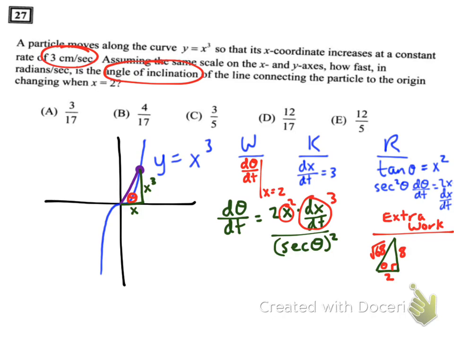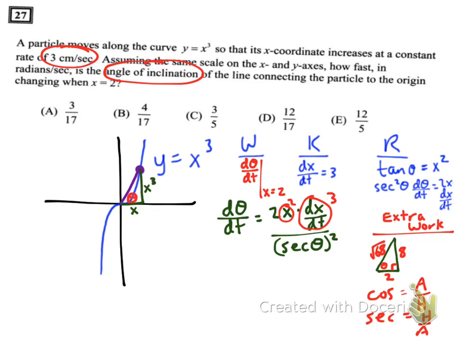And what do we know to be true about the secant? Well, cosine is equal to the adjacent over the hypotenuse, and so that means that the secant is equal to the hypotenuse over the adjacent.